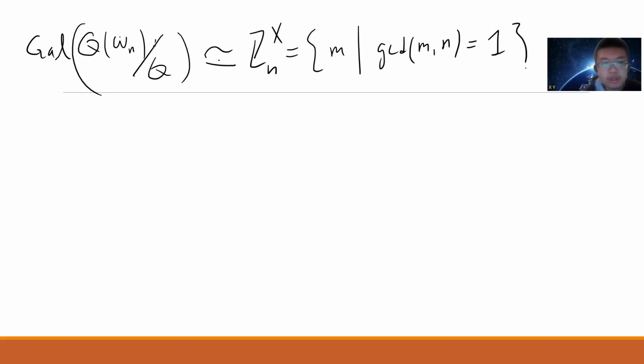This is simple to prove, because the Galois group just permutes the primitive roots, and these roots involve all the numbers whose GCD with n is 1.